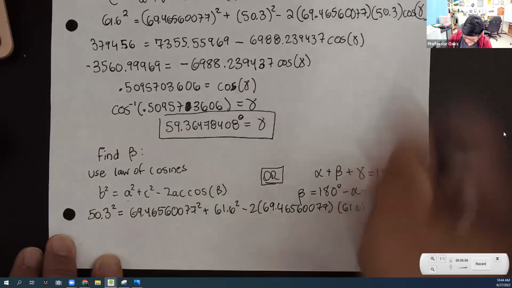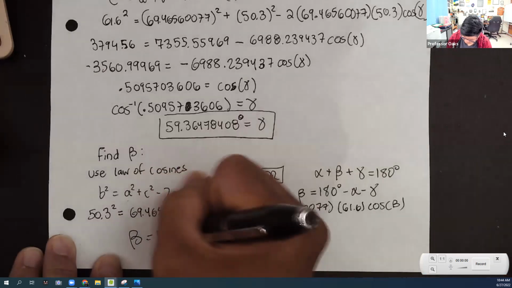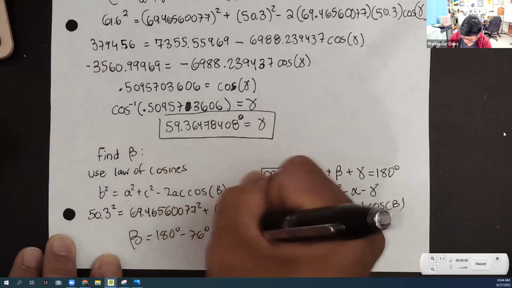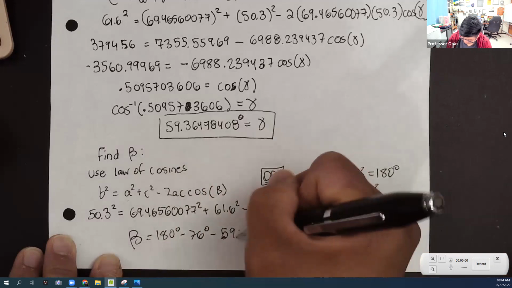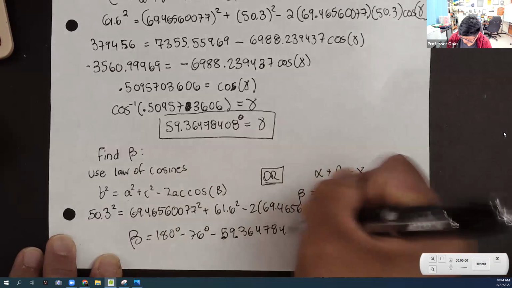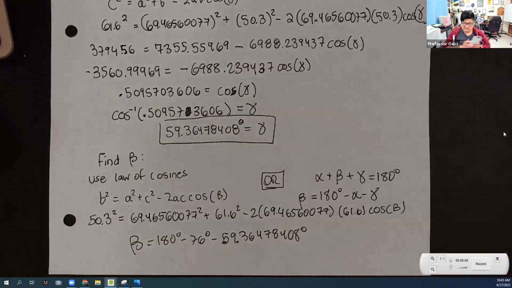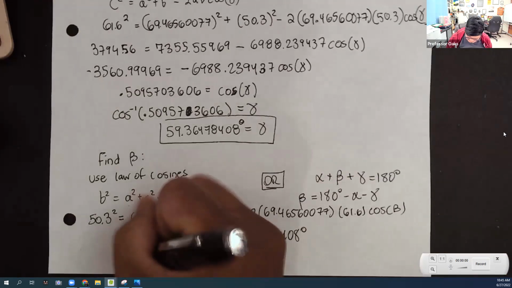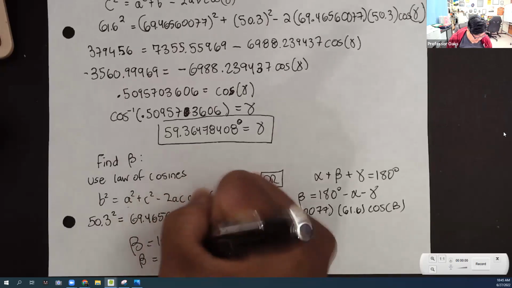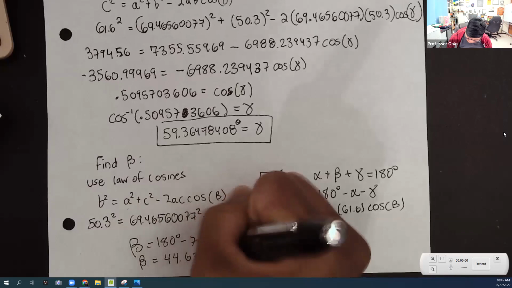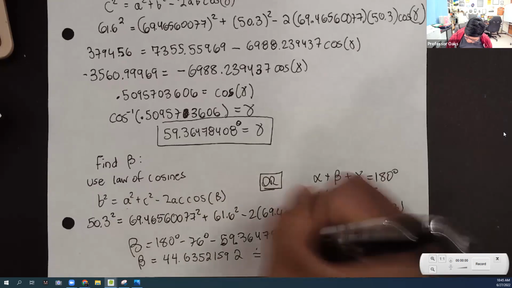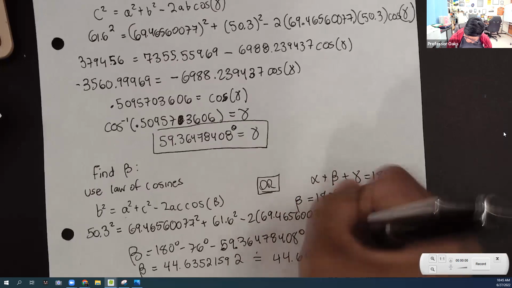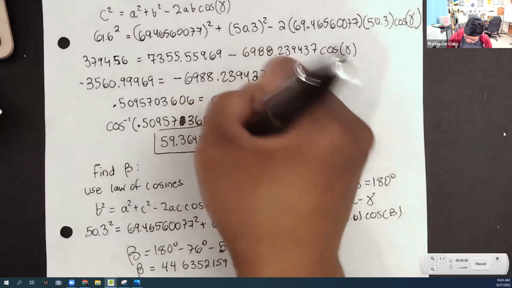Or again, you could just easily say beta is 180 degrees minus the 76 degrees minus the 59.3647848 degrees, and then be done with it from there. So I don't really feel like it's that bad, but it's just putting this all together, because this way beta is 44.63521592, or to two decimal places 44.64 degrees, and gamma is 59.36 degrees.